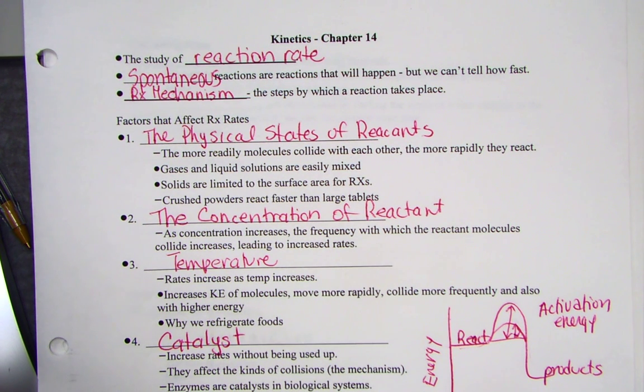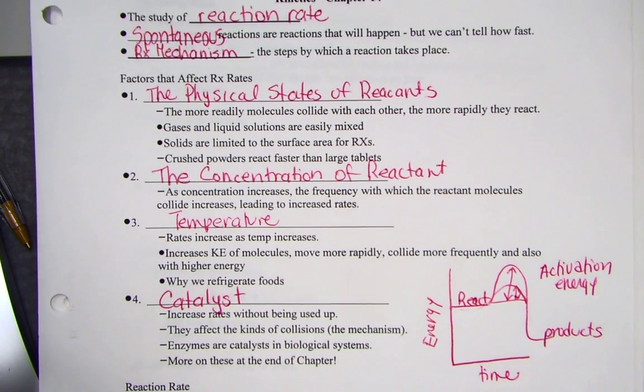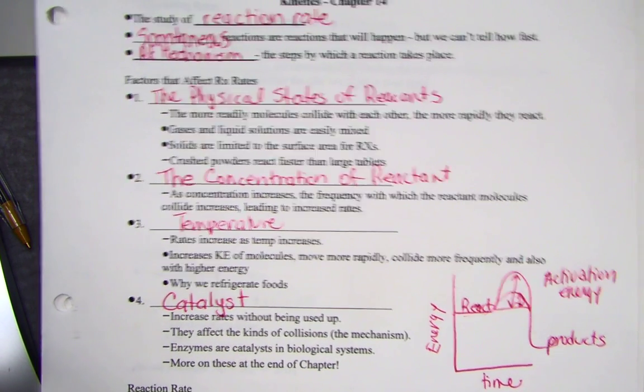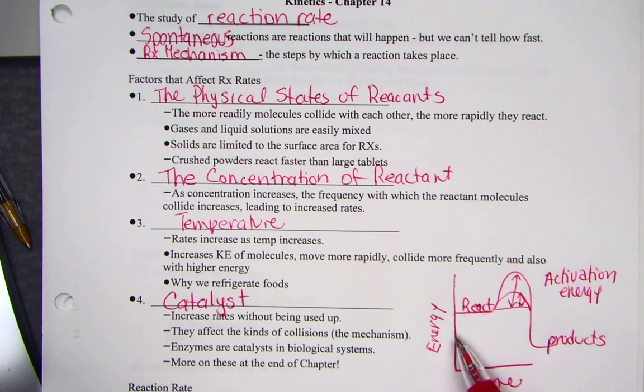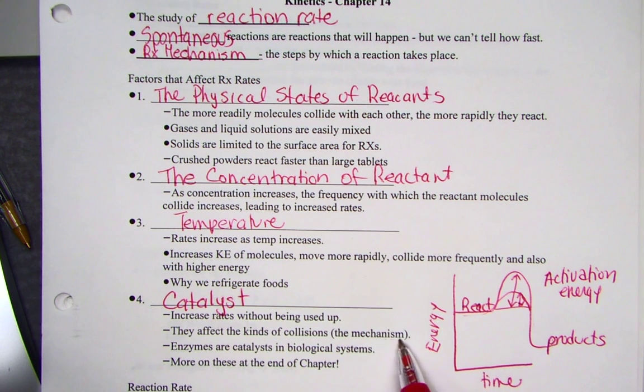We can increase temperature, causing more energy in those molecules to collide more frequently. Or the fourth one, we could add a catalyst to speed things up. A catalyst is a chemical that we add. It is not a reactant, not a product. It's just there to change the pathway, to change the mechanism in which the path occurs. Lowering the activation energy increases reaction rate.